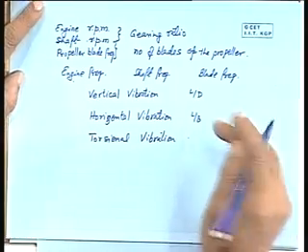Usually you will find that L by B has a smaller value than L by D. L by D will be in the range of 10 to 13, L by B will be something between 6 to 8, and therefore, fewer frequencies are required here and more frequencies are required here. In fact, the classification society guidelines will guide you on how many vertical frequencies, how many horizontal frequencies and how many torsional frequencies, if any, are required to be considered.